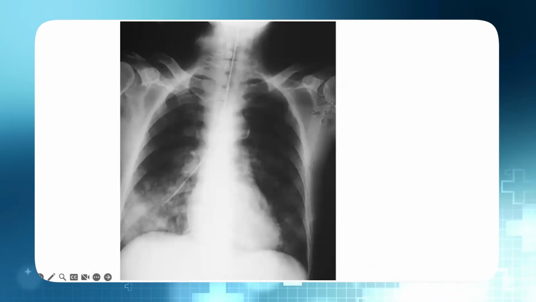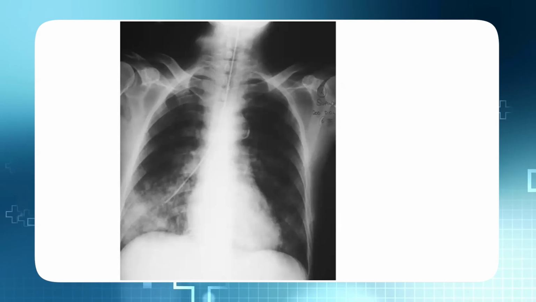Now, what is this image showing? Ryles tube in the right lower zone. So you will say consolidation; the chest X-ray is showing the tube going into the right bronchus, in the right side only.